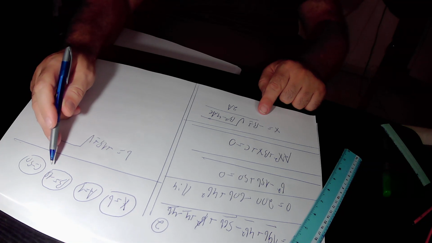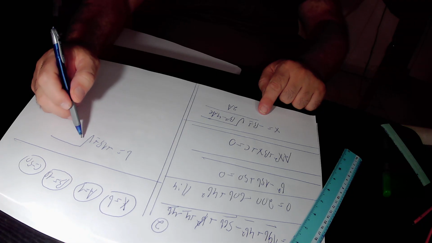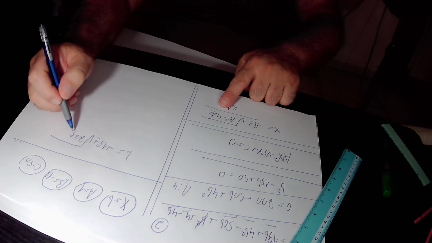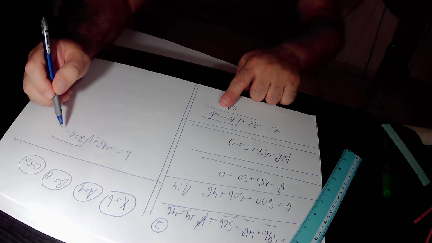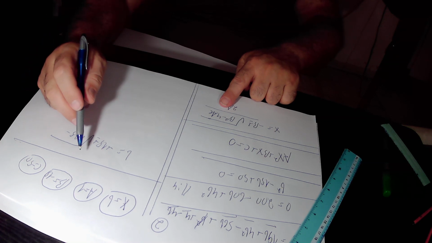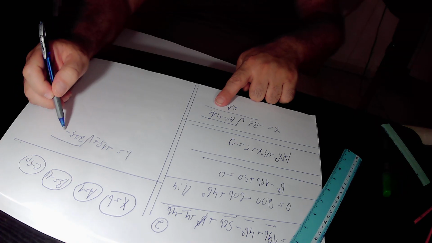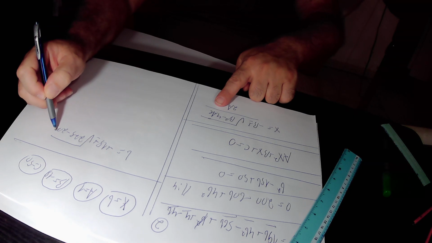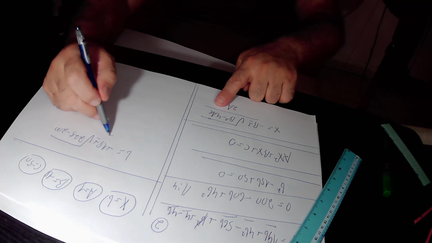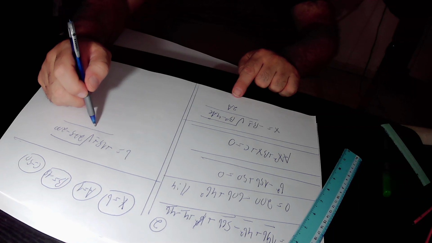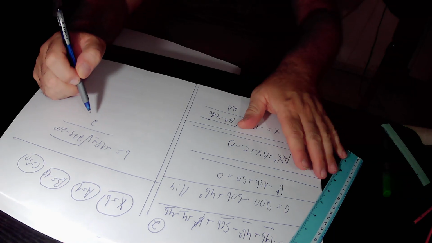B is minus 15, therefore b squared is 225, minus 4 times a, which is 1, times c, which is 50, so minus 200. So inside the root we have 225 minus 200, over 2a. A is 1, so 2a is 2.